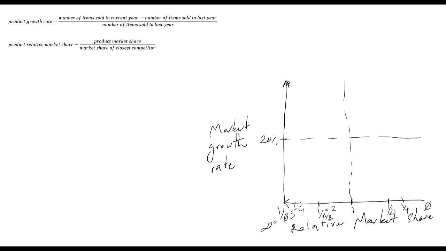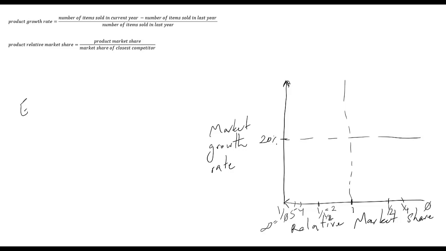For product growth rate, which we position on the vertical line, we have the number of items sold in the current year deducted by the number of items sold in last year, divided by the number of items sold in last year. So let's see how we can locate a product.